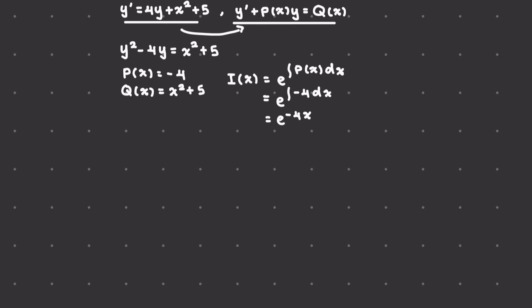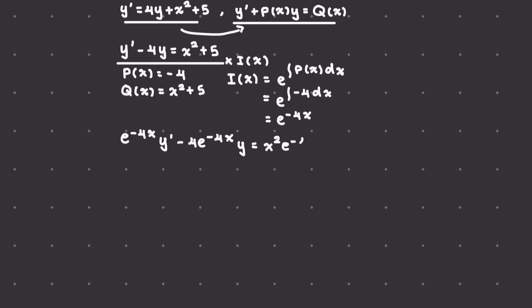Let's move on to the next step. Let's multiply everything here. Oh, this is not y squared, this is y prime. We need to multiply everything here with our integrating factor. And so we have e to the power of negative 4x y prime minus 4e to the negative 4x times y equals x squared e to the negative 4x plus 5e to the negative 4x.